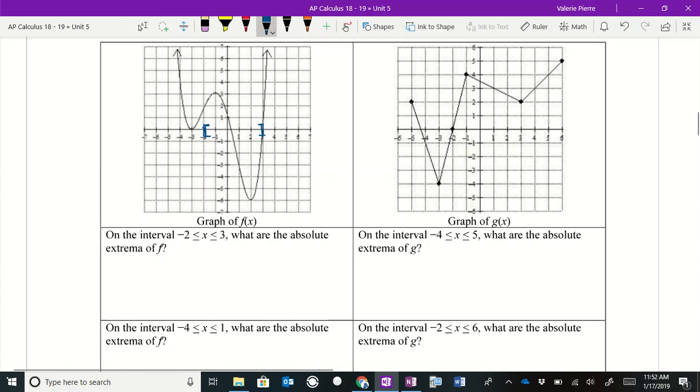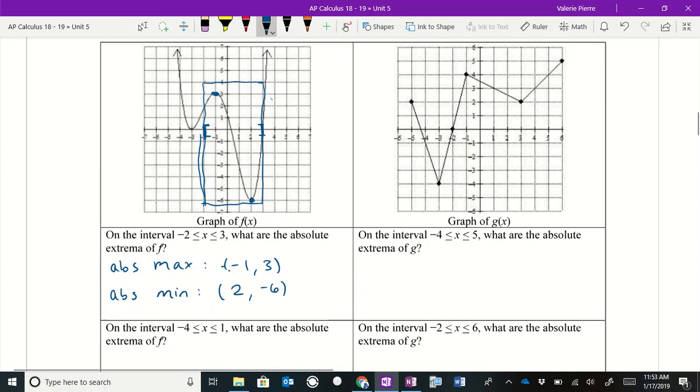So if I box in every part of the graph that is within this interval, I can see that the absolute maximum of this graph is at the point (-1, 3). And the absolute minimum is at the point (2, -6) on that interval.